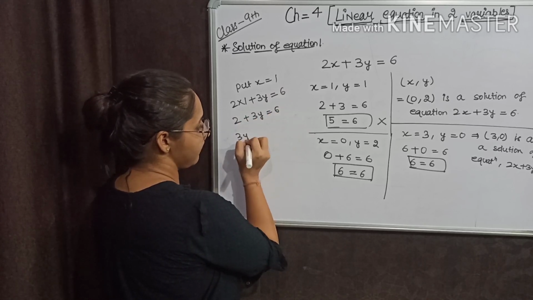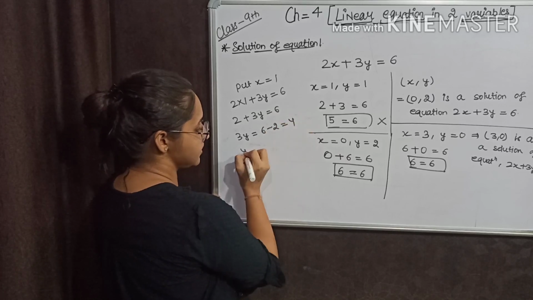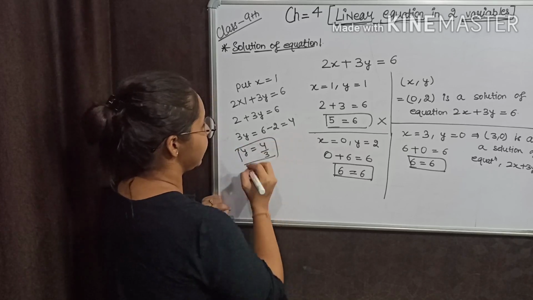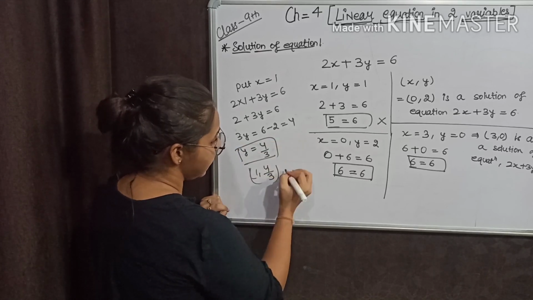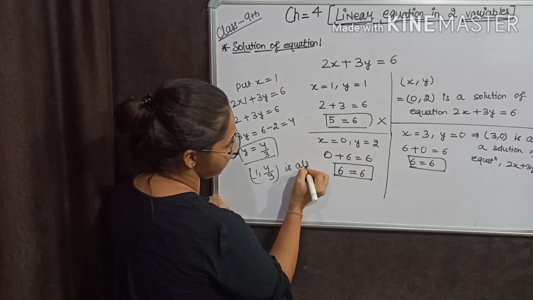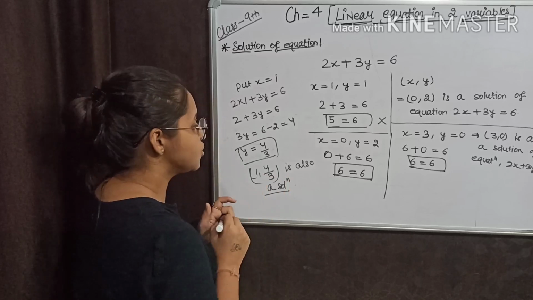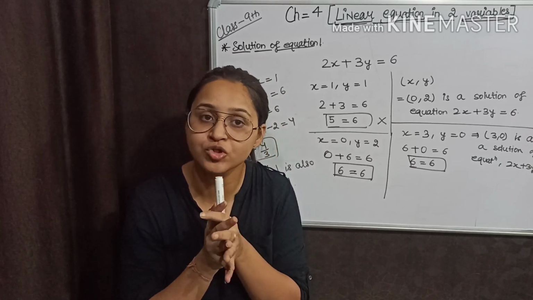It will give you 3y is equal to 6 minus 2, which is 4. So y is equal to 4 by 3. So see here, x is equal to 1 and y is equal to 4 by 3 is also a solution of the above equation.